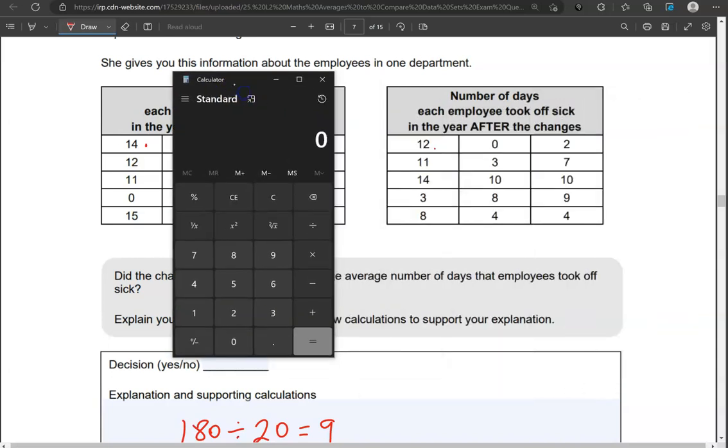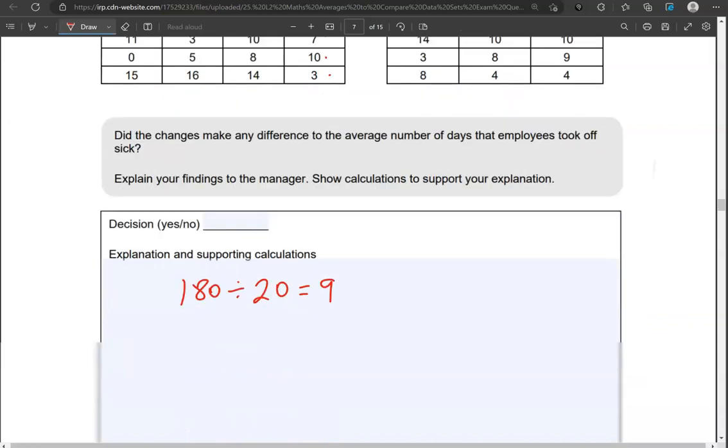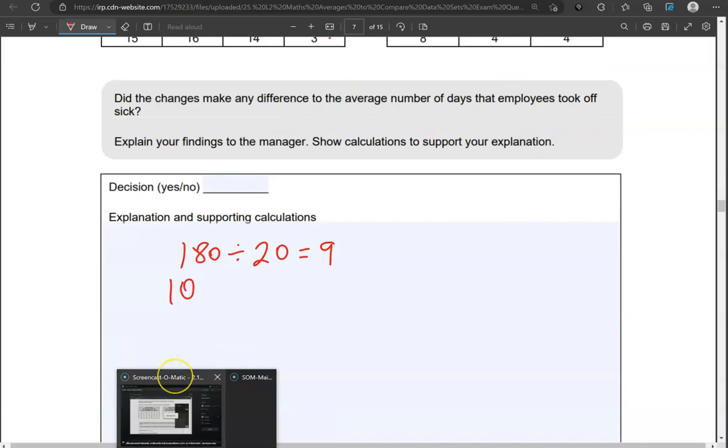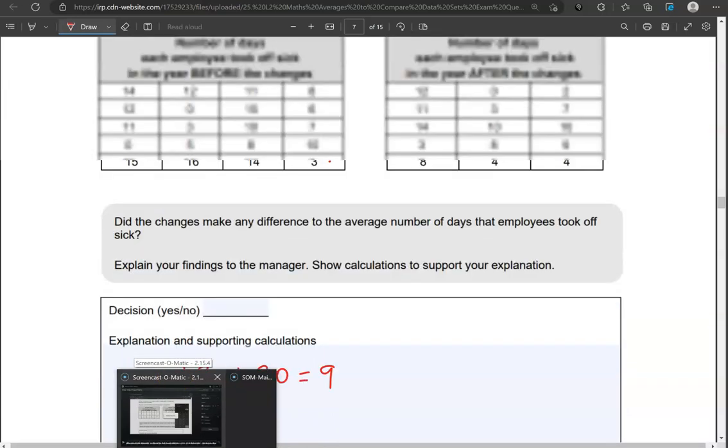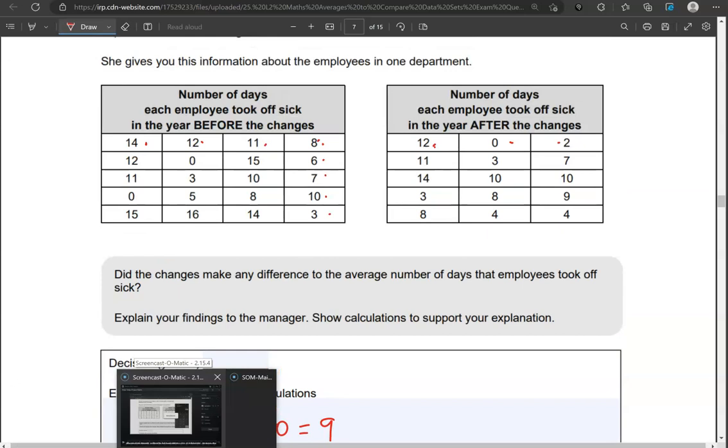Let's repeat the process for this other data set. So we have 12, add 2, add 11, add 3, add 7, add 14, add 10, add 10, add 3, add 8, add 9, add 8, add 4, add 4. So that is 105, which we're going to divide by 1, 2, 3 times 1, 2, 3, 4, 5.